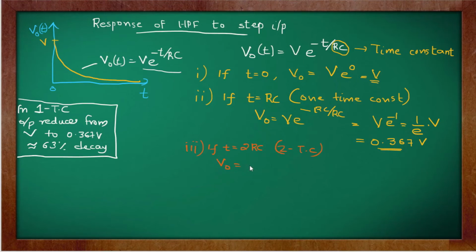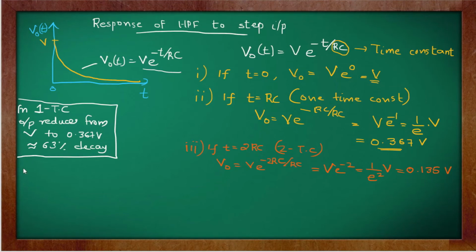V naught is equal to V e raised to minus 2 RC divided by RC. That is equal to V e raised to minus 2, that is equal to 1 by e square into V. You compute 1 by e square, and you will see that it is 0.135 V.